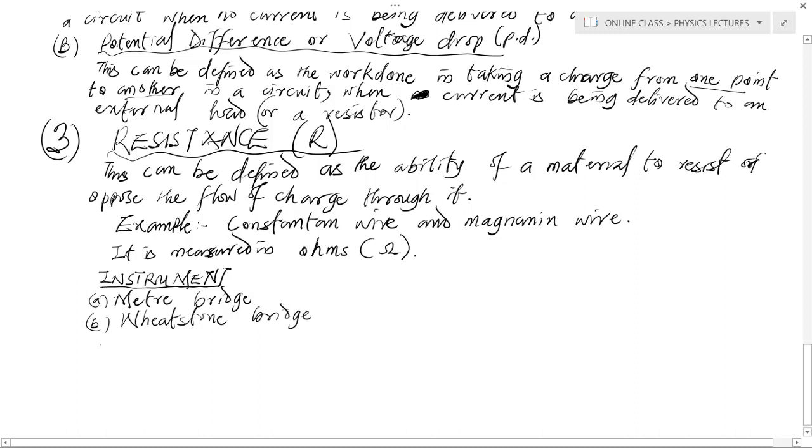All these ones we are going to discuss them later. The third one is the ohmmeter. The fourth one is the resistance box.